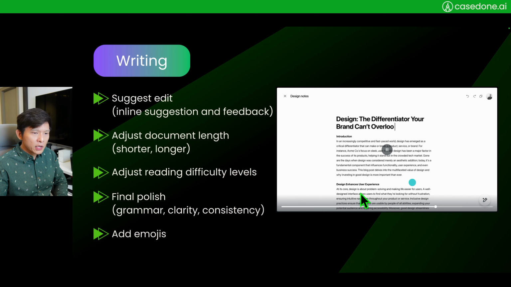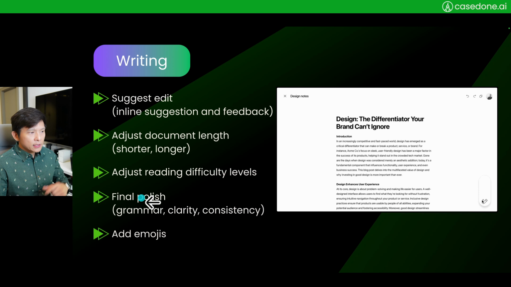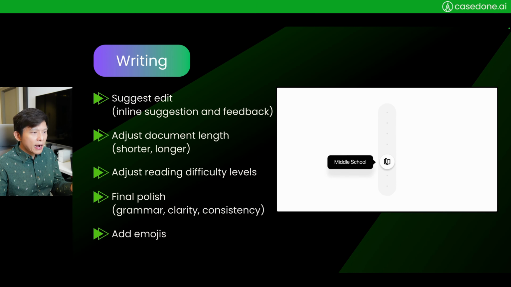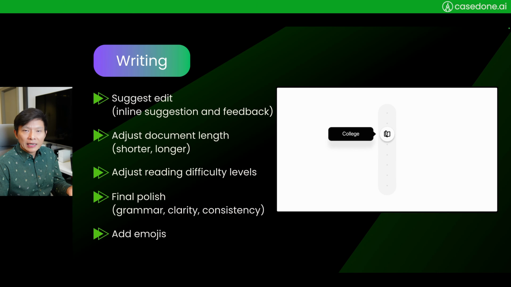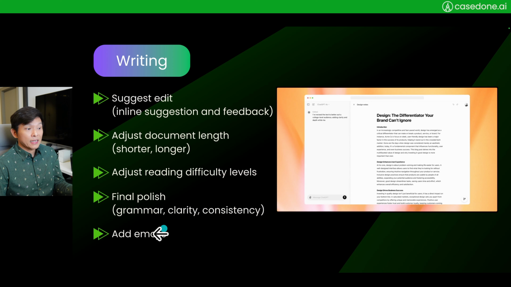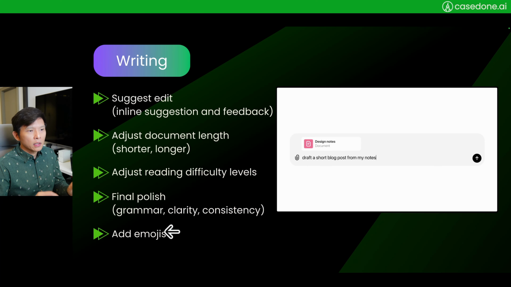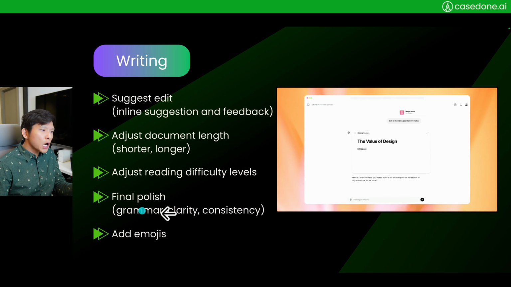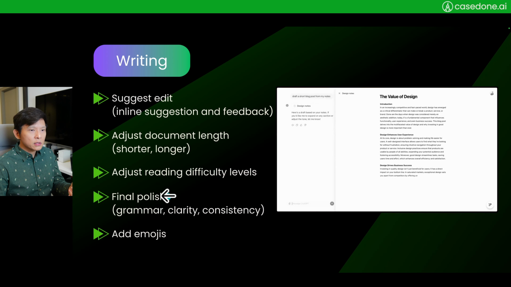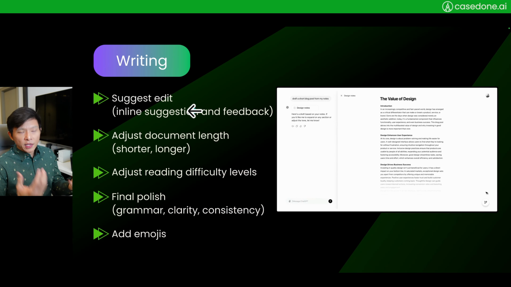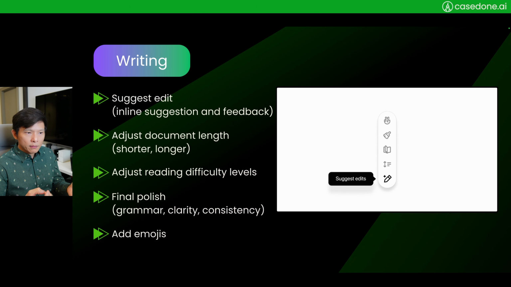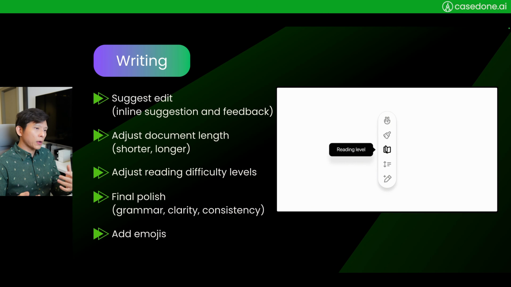This is the button I'm talking about. It also has a button that will do the final polish, like correcting grammar and increasing clarity and consistency. And sometimes you want to add emoji as well, and it has the capability to do so. These are commonly used editing features that the Canvas allows you to do intuitively and quickly.